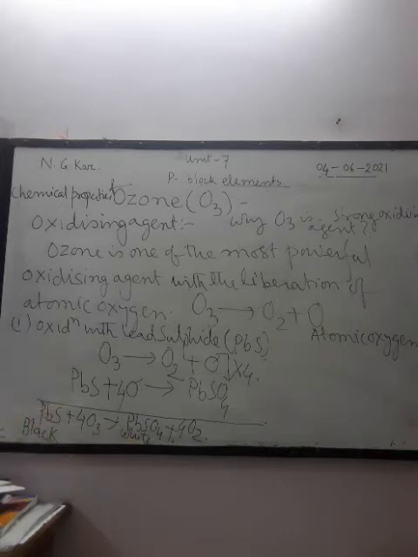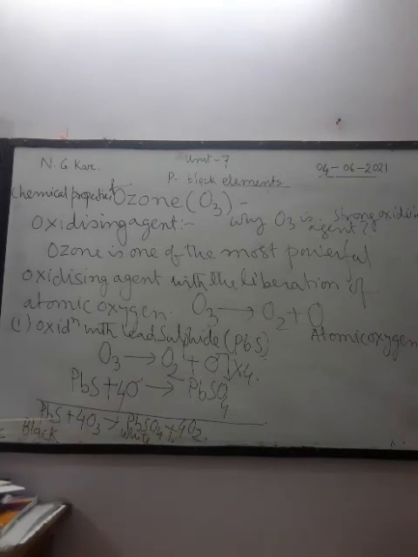First of all, ozone decomposes to O2 and atomic oxygen, and PbS then reacts with atomic oxygen forming PbSO4. Since there are 4 oxygens, 4 atomic oxygens are required, so this reaction is multiplied by 4. If we sum up both reactions, the left side contains PbS plus 4 O3, the 4 O cancel, and we get PbSO4 plus 4 O2.